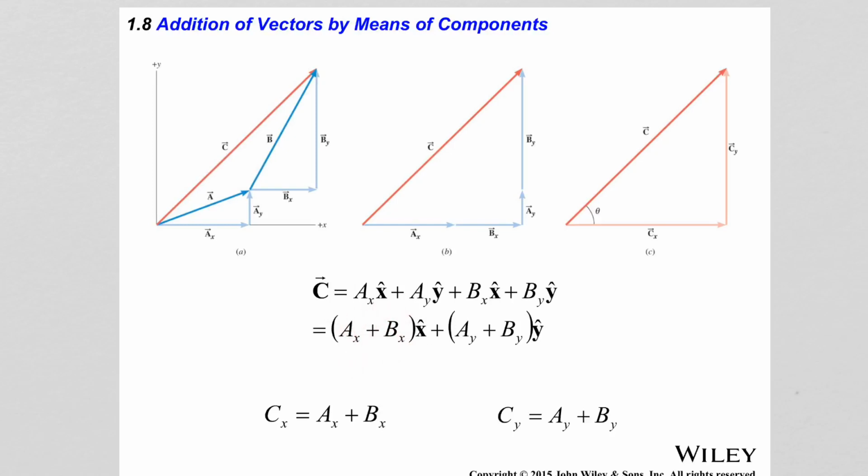And the same thing happens to the y hat vector terms. So the scalar components ay and by added together multiply the y hat unit vector. And so ax plus bx is the scalar component cx of vector C. Ay plus by is the scalar component cy of vector C.